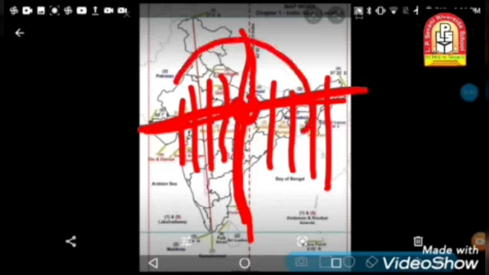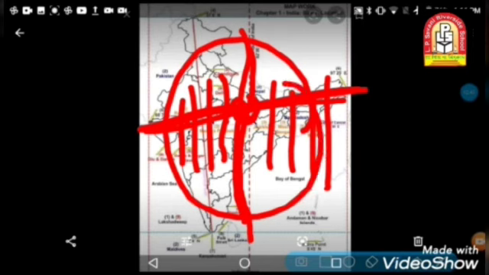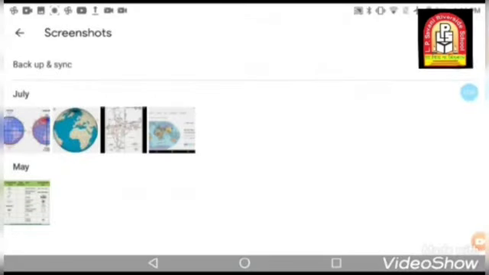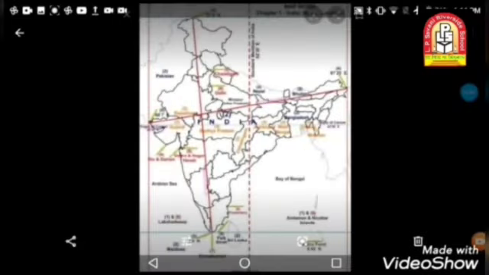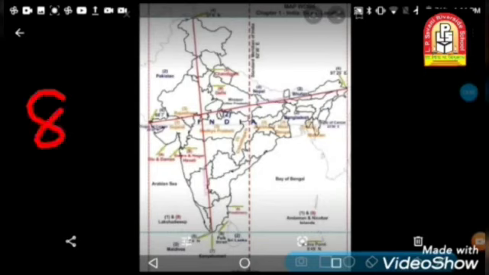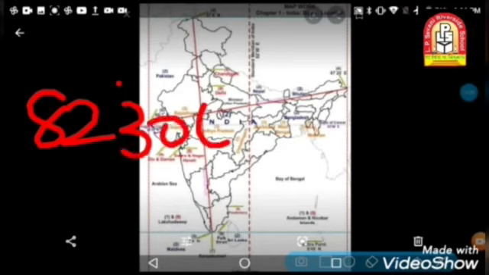Understood? So this is how we decided our standard meridian time, and our standard meridian time is at the longitude of 82 degrees 30 minutes east. You can see over here, it is written. So this is our standard meridian time.